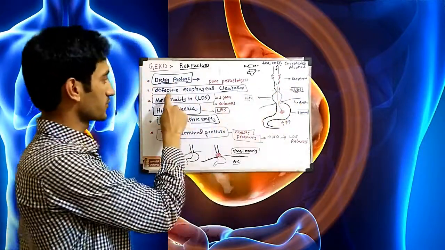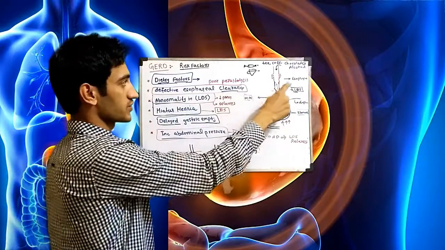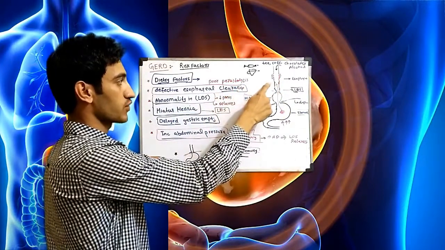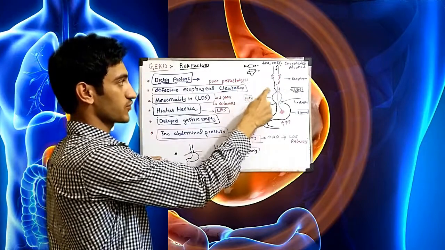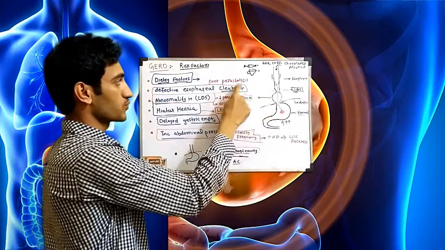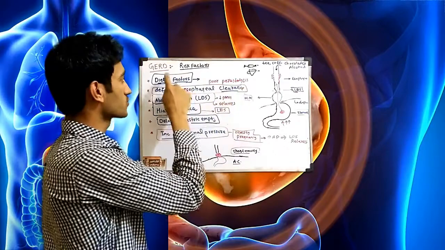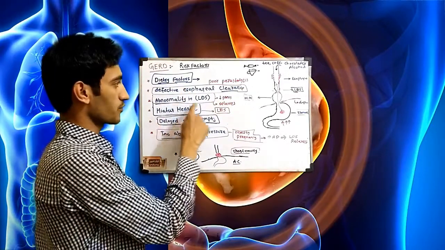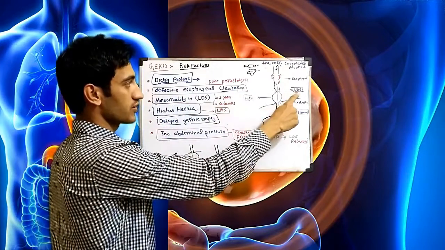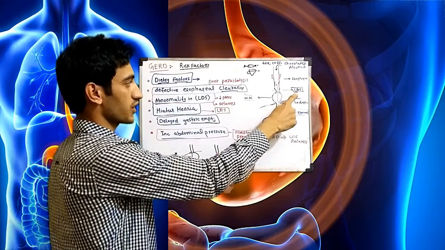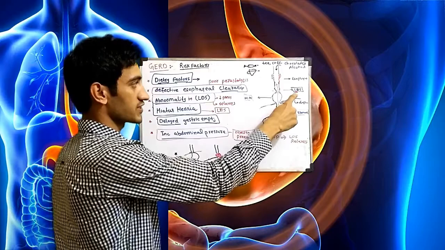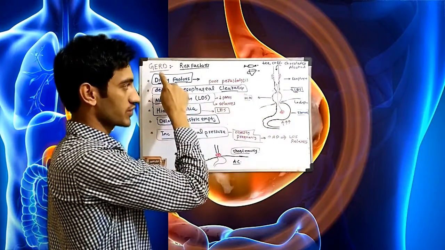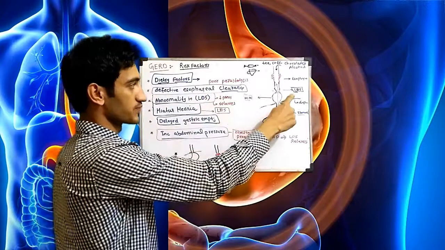The second one is defective esophageal clearance. When there is poor peristalsis, the esophagus will not be able to clear itself, and because of the poor peristalsis, it will lead to gastroesophageal reflux disease. Abnormality in the lower esophageal sphincter: whenever there is reduced pressure or when the sphincter is relaxed, there will be backflow of contents, leading to the signs and symptoms of gastroesophageal reflux disease.